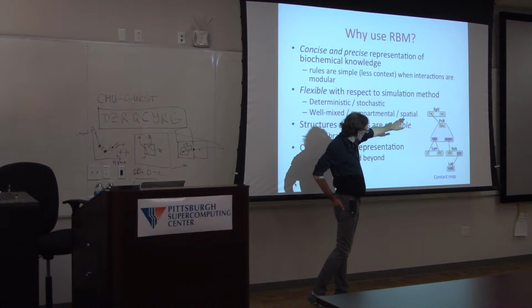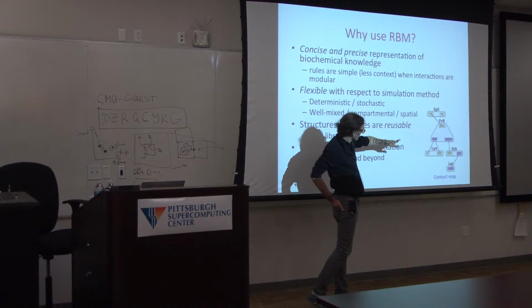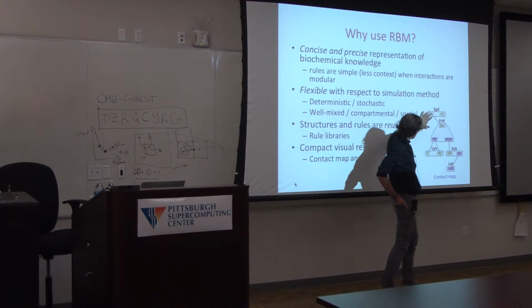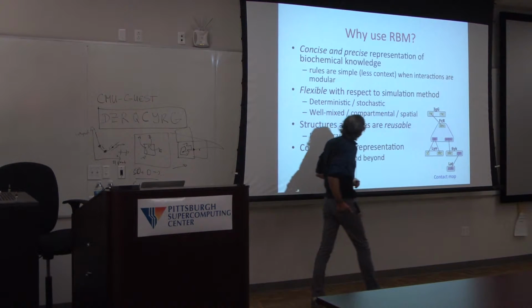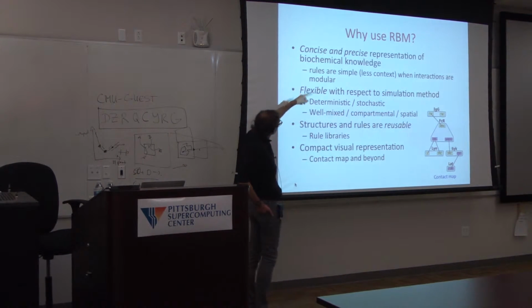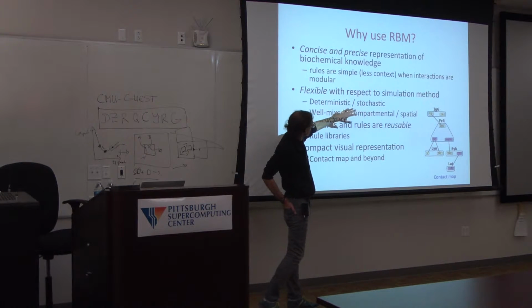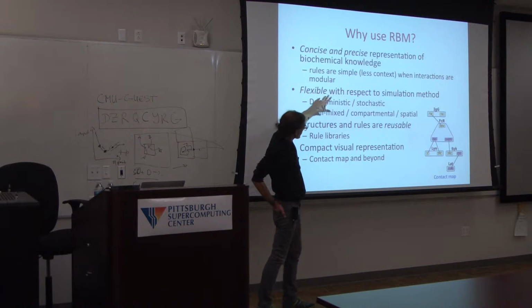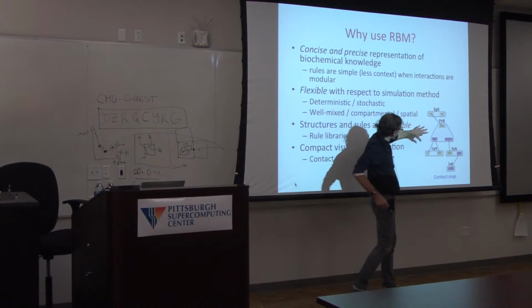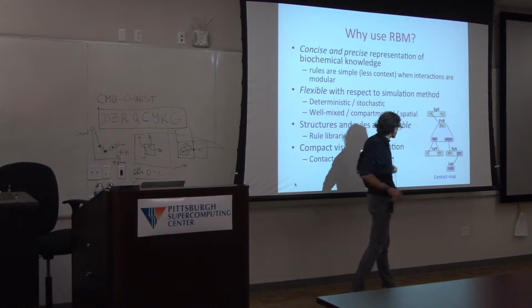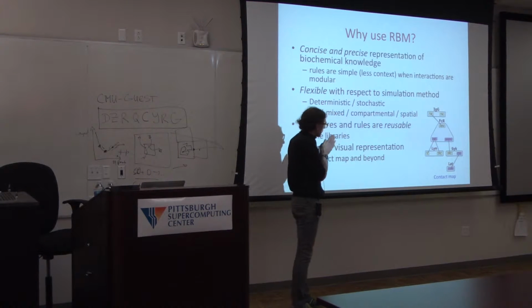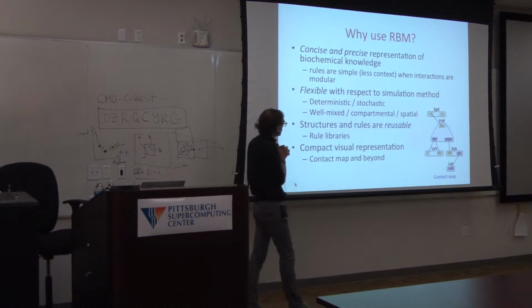In this contact map representation, we're basically representing the context-free interactions of these molecules. So it's concise and flexible. The flexibility comes in that, obviously, as we have more information, we can add more and more context into the rules and build up more and more complex models.